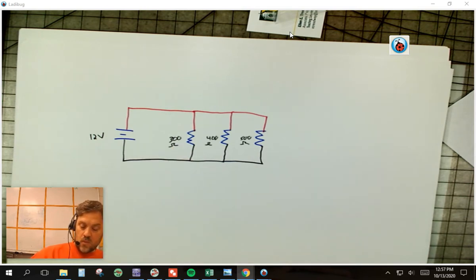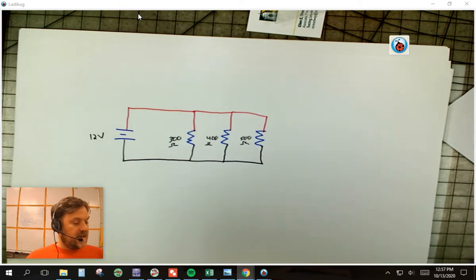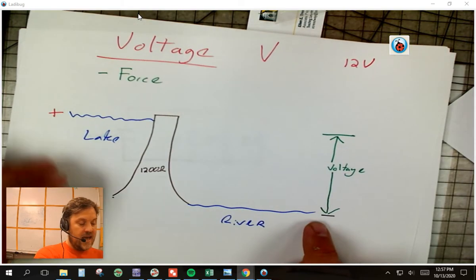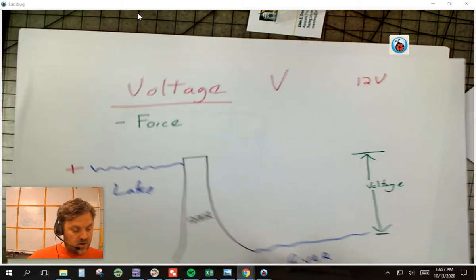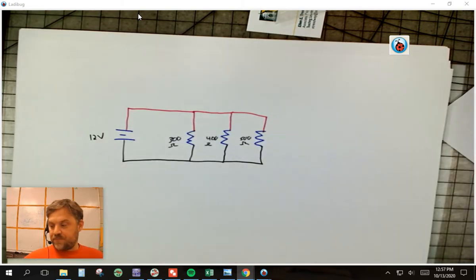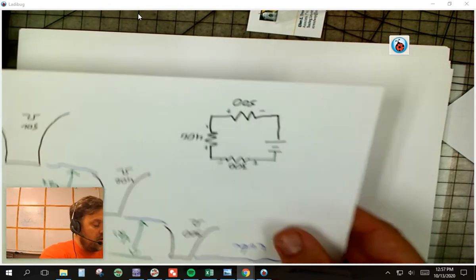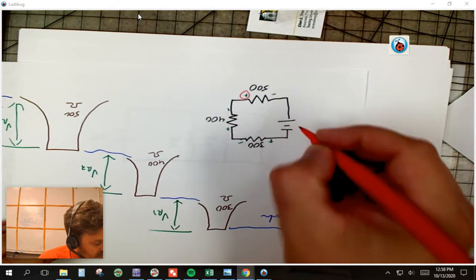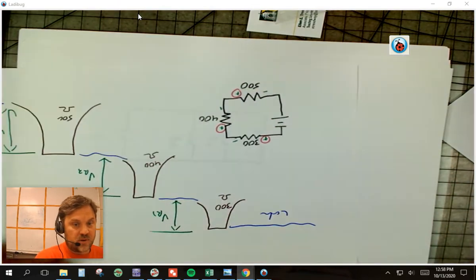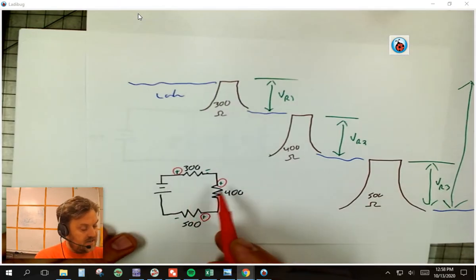So we said current is added, but what I think about with voltage is, remember, going back to that dam, I have a positive side and a negative side to my circuit. And in a series circuit, when we drew that, each one of these components has a positive and a negative side.